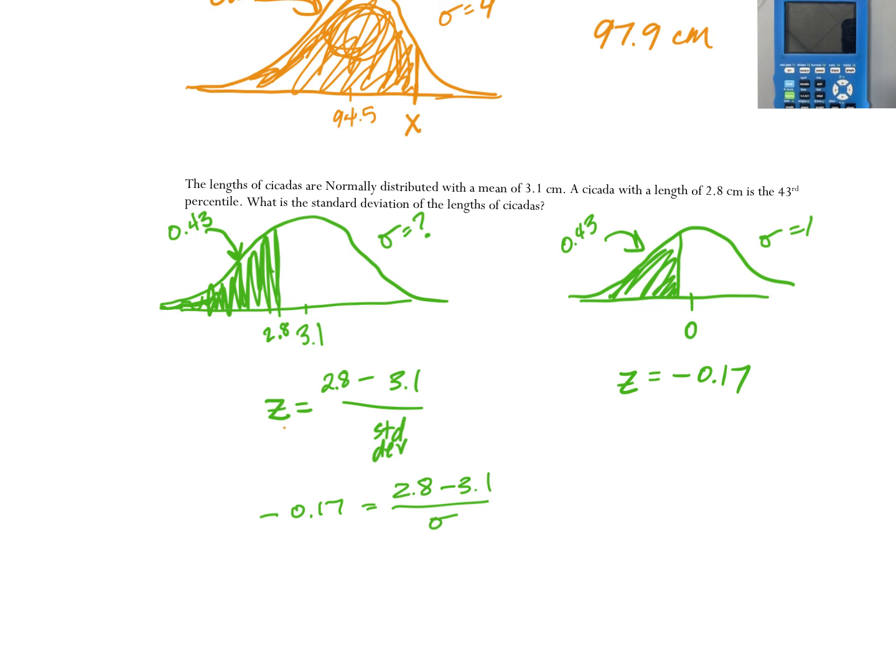I'm sorry? 1.7. Is that what it works out to be? 1.7? Yeah, that's right. It'll be close. If you rounded differently, you would get a slightly different answer, and I'm smart enough to figure that part out.